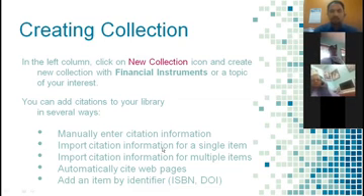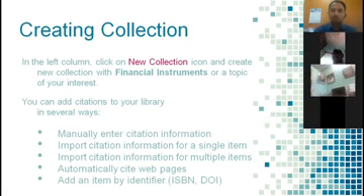Next is importing citation information from a single item. Let us say there is a journal, and from that journal one issue, and out of that issue one article is important to you and you would like to enter it for your future reference. So you can import citation information for a single resource. In the same way, you can import multiple resources also.